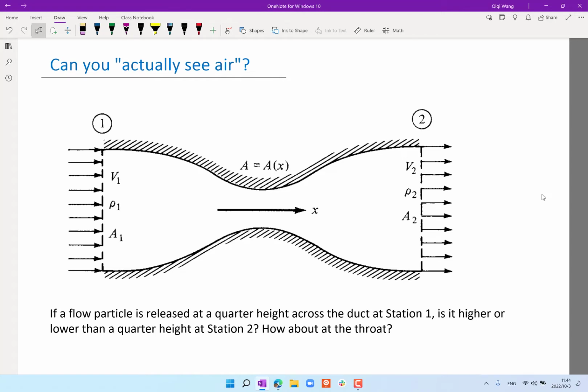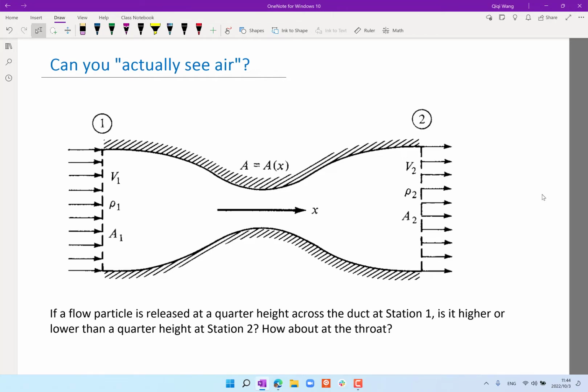Remember the wind tunnel tour, right? Why do you think they make a contraction before the test section? It's to make the boundary layer thin, because in the test section you don't want a thick boundary layer. We will study that in the viscous flow section: when you go from here to here, you have a very favorable pressure gradient.